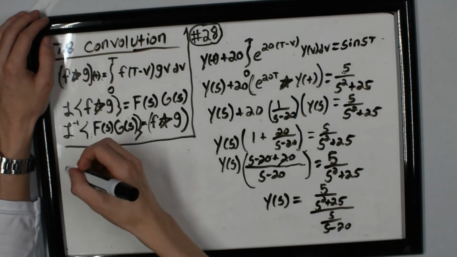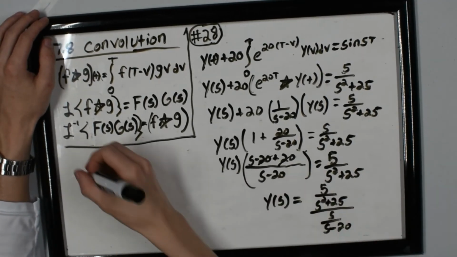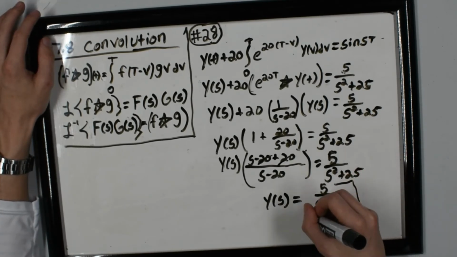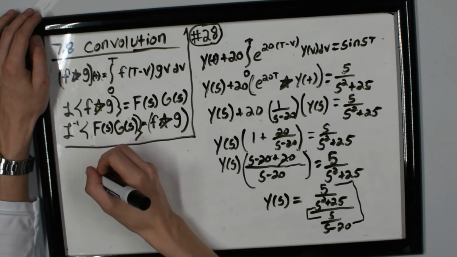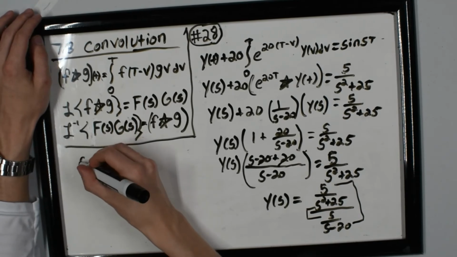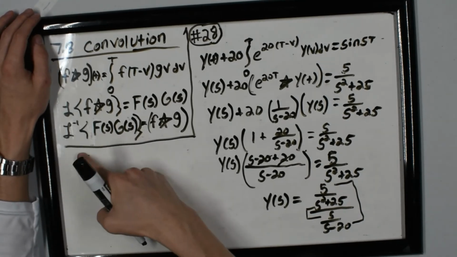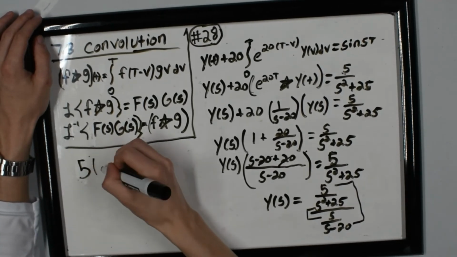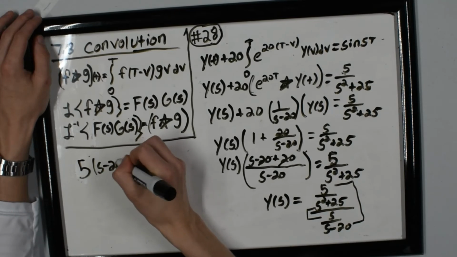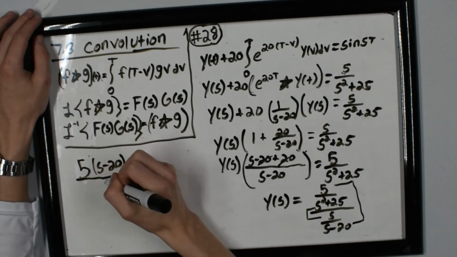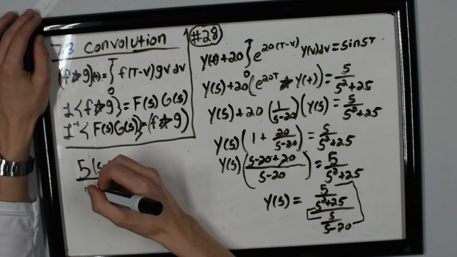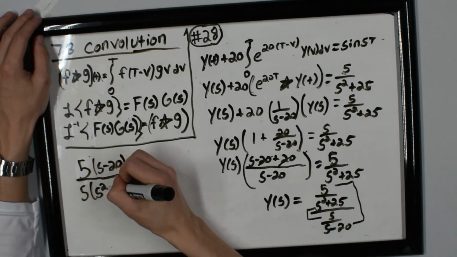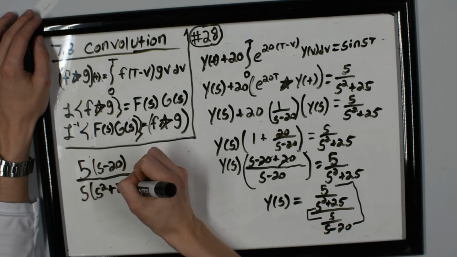Now what we're going to do here is move it over here. We're going to use this trick where you can multiply the bottoms and the tops. We're going to get 5 times s minus 20 over s times s squared plus 25.